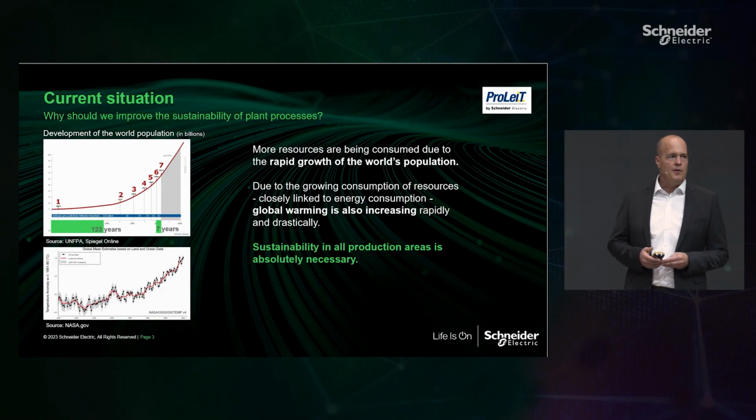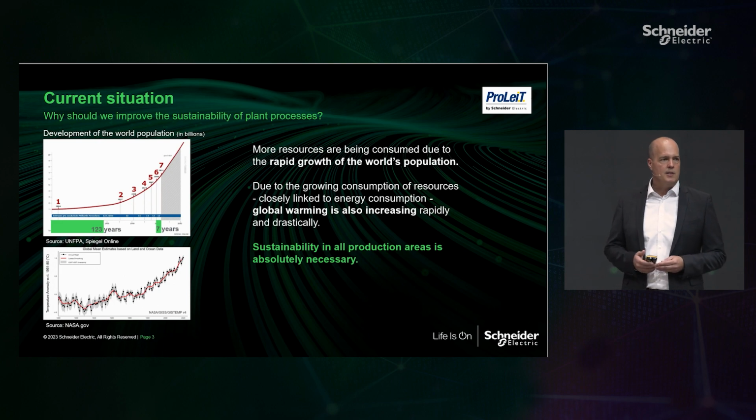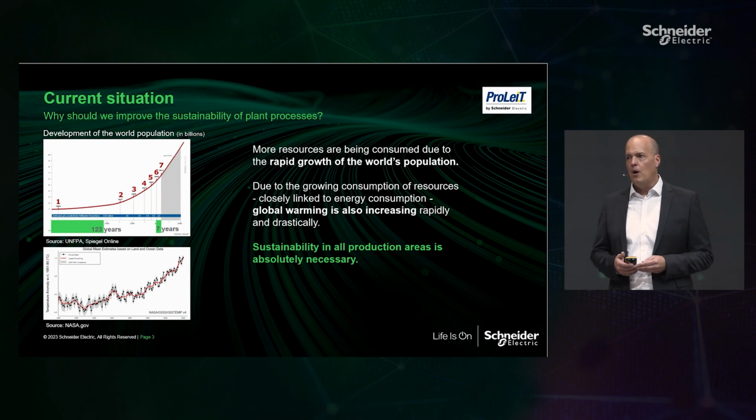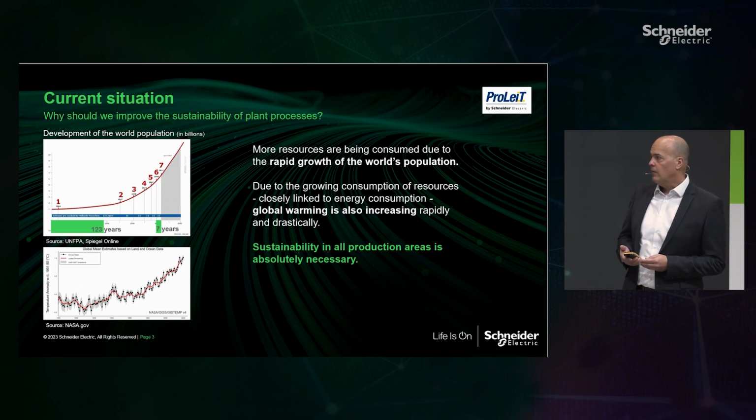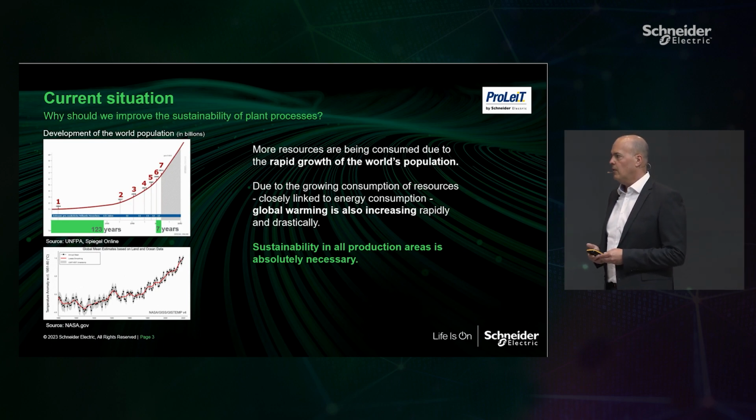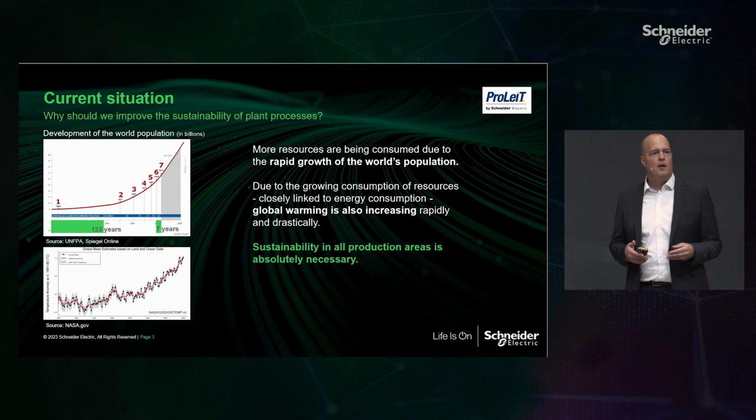In regards of the current situation, we see the energy crisis is all over. It's not only about the situation in regards of our environment, but as you can see here in the graphs on the right side, of course, we all know that the development of the population in the world is increasing quite fast.